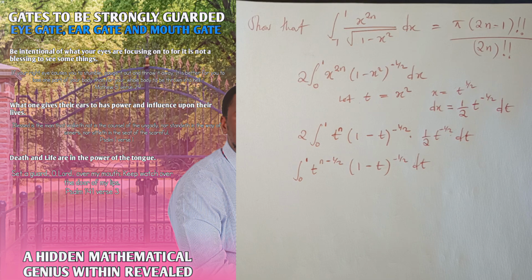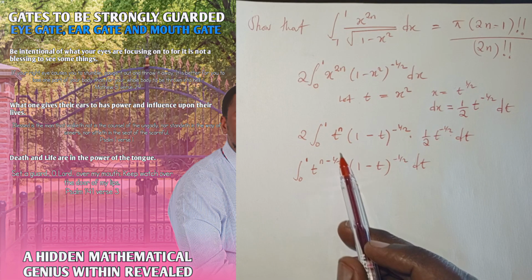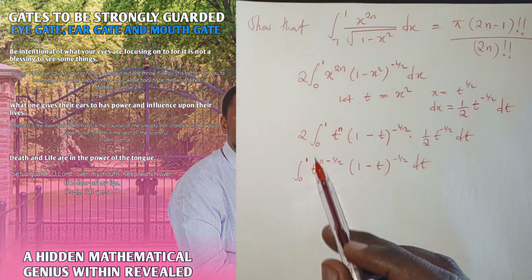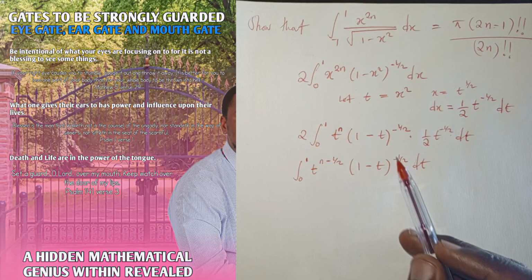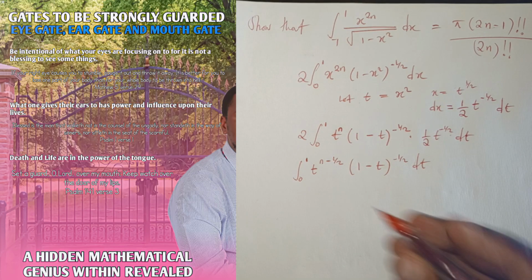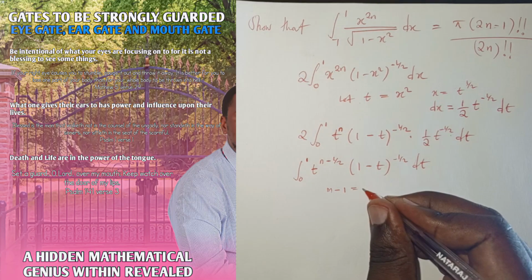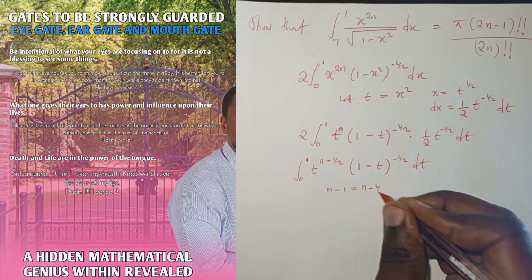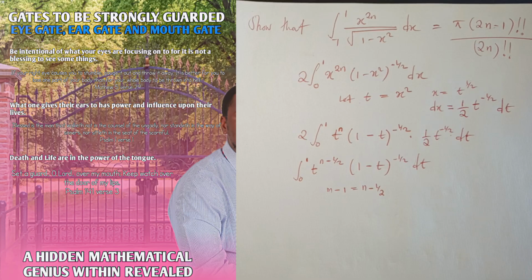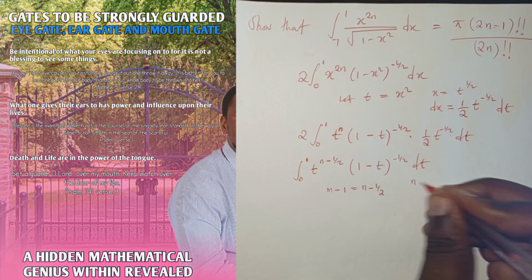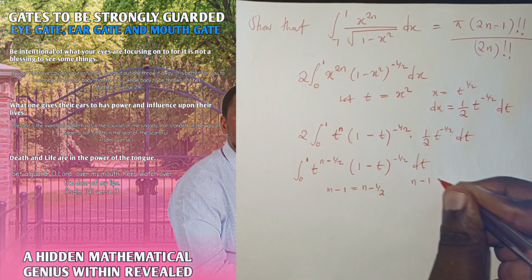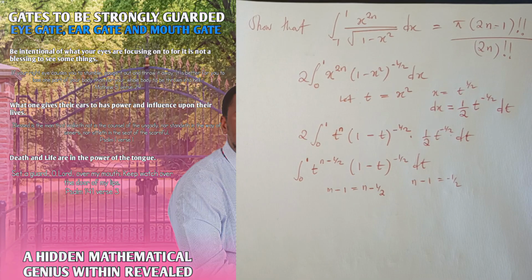So what you need to do is just to equate this to m minus 1 and equate this to n minus 1. So you say m minus 1 is equal to n minus 1 over 2. Then here we have n minus 1 is equal to minus 1 over 2. Okay, so here is just a matter of adding 1 to both sides.